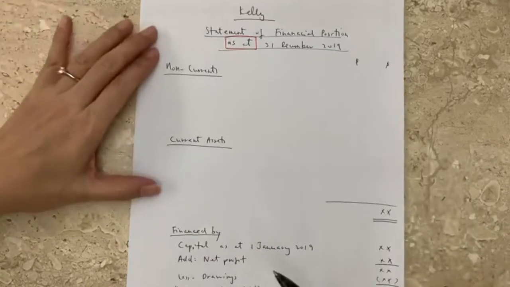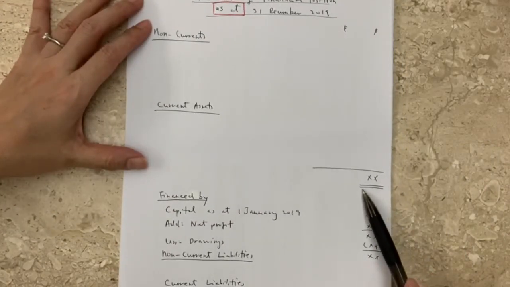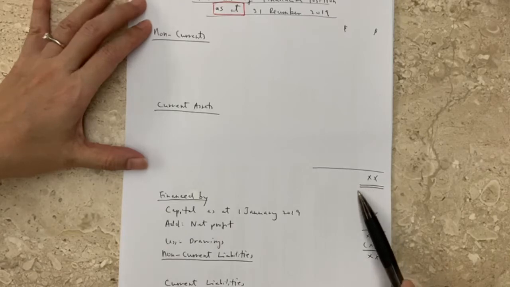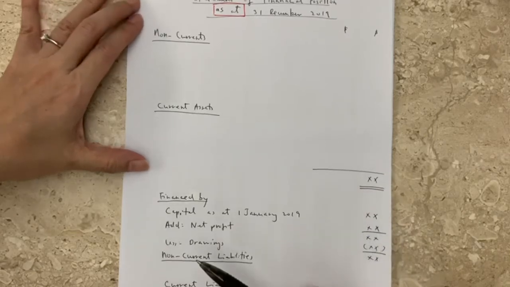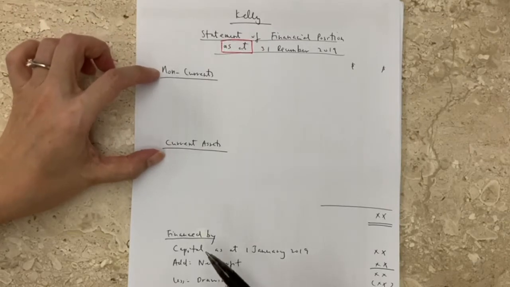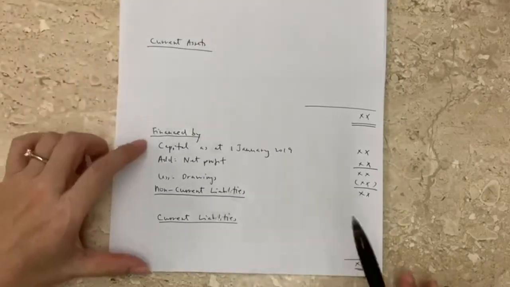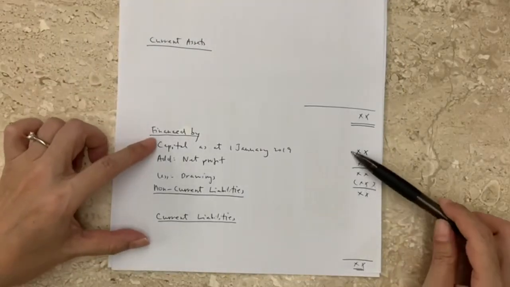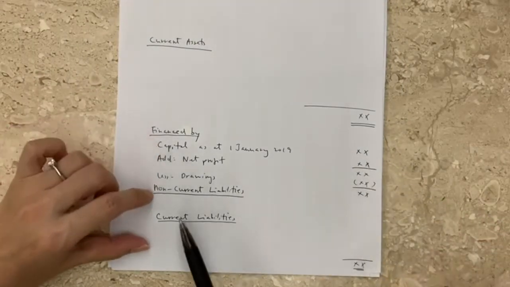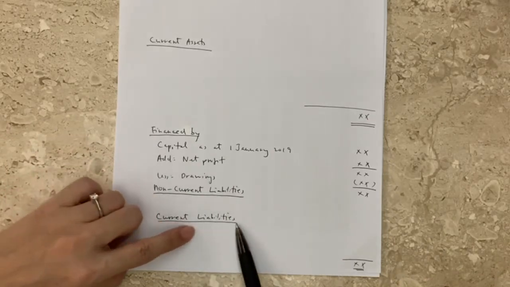All right, so here is the first half. This double line means the final answer for the first half of the statement of financial position, which has two kinds of assets: non-current assets and current assets. And now we come to the second half. We have the capital here, and then there are two kinds of liabilities, non-current liabilities and current liabilities.